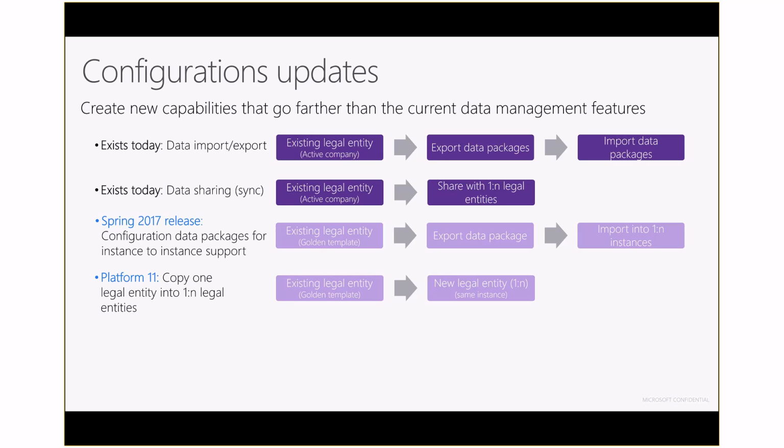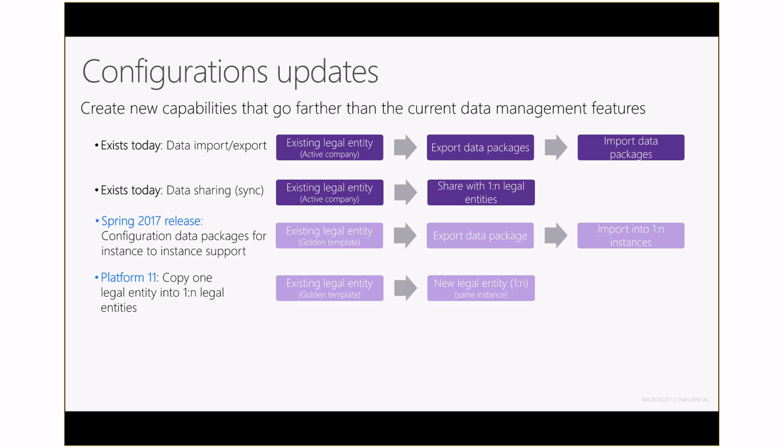What we added over the last period of time is 2 different features, and the first one was released in the spring release. That was the configuration data packages, where you can export packages and then carry them over to a new instance and re-import them. That's been out there since about the July timeframe, and we added hundreds of entities and sequenced them for you, so that's already there.